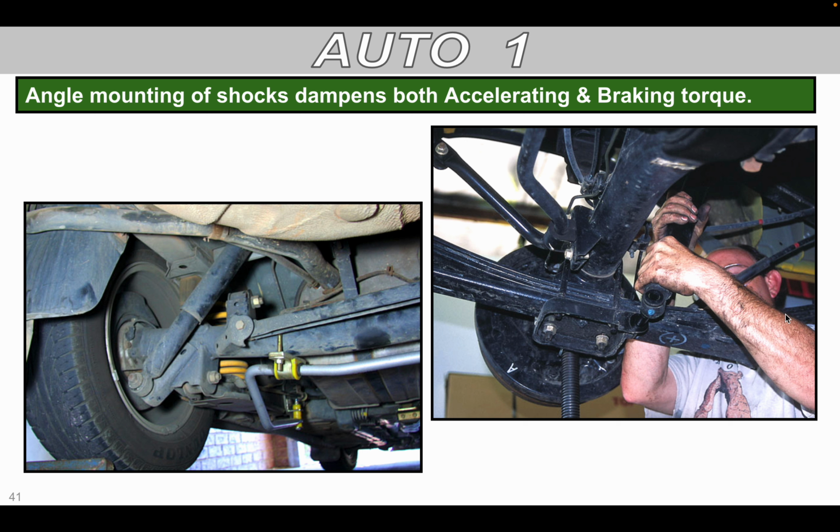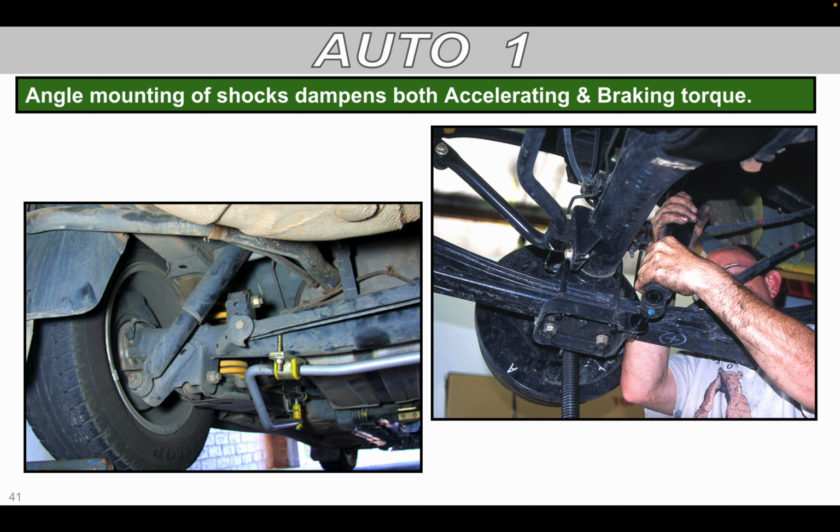Now, how we mount the shock absorber on our suspension system is geometrically important. We don't just simply put it up there with a nut and a bolt and it's good to go. Just like our wheel alignment, there are certain angles at which this needs to be mounted to the chassis and to our suspension system in order to be most effective.